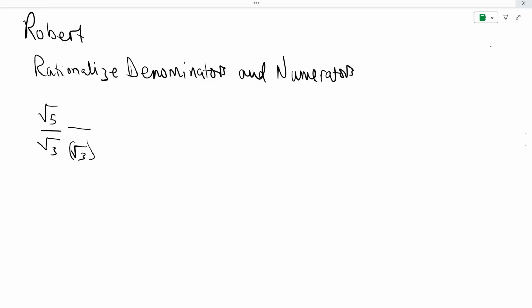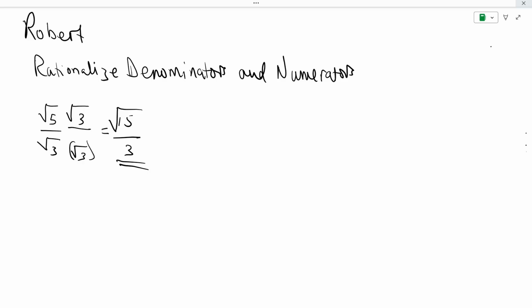So even at the top, we need to multiply by root 3. And so this is the same as saying root of 15, divided by root 3 times root 3, which will leave you with 3. That's what we call the rationalization of the denominator.